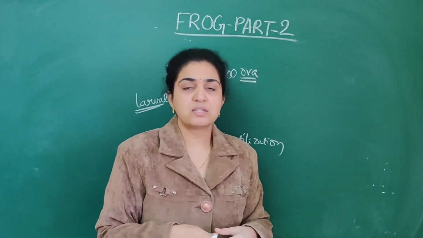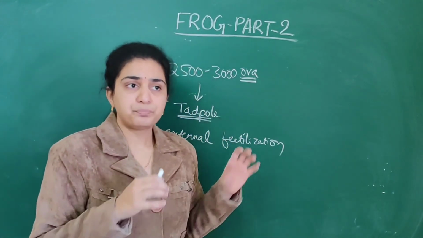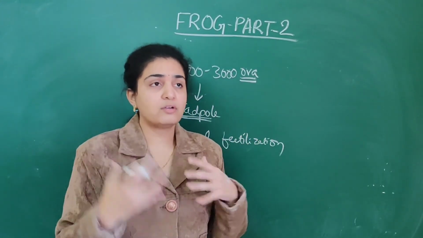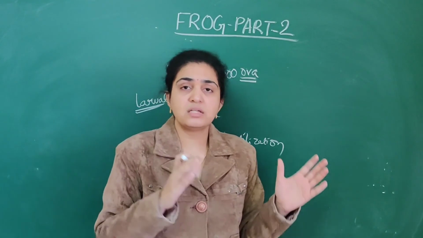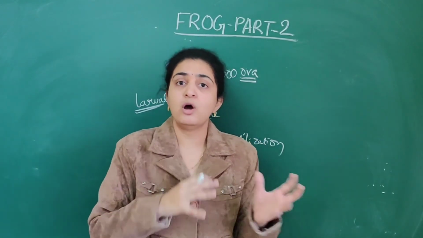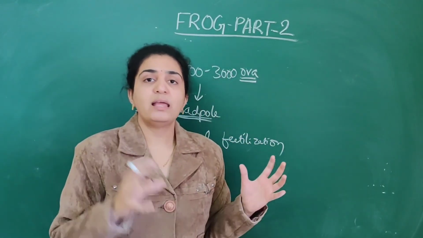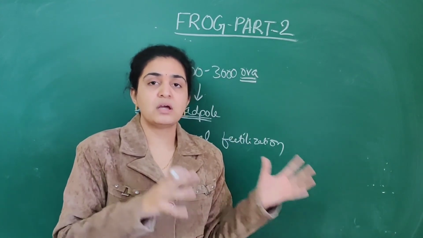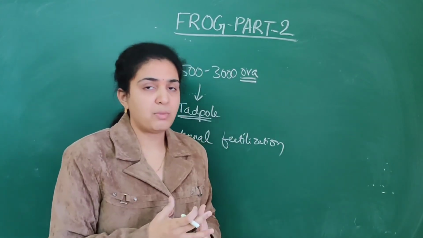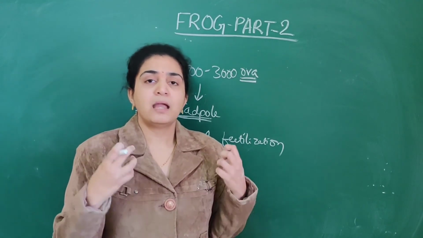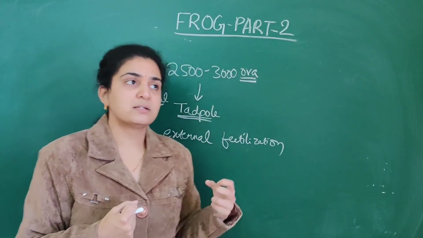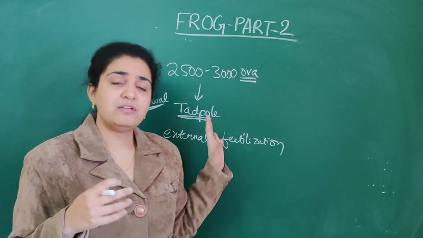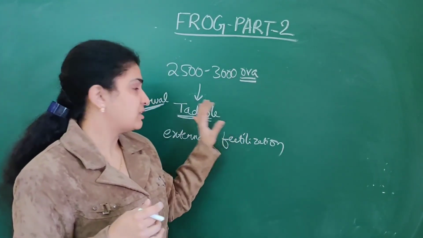What we have discussed in today's class is, for easy remembrance, the frog is similar to humans. In all the systems, only the anus, the cloacal aperture, is present, and the eyes are covered by the nictitating membrane. In the frog the fertilization is mainly external fertilization.